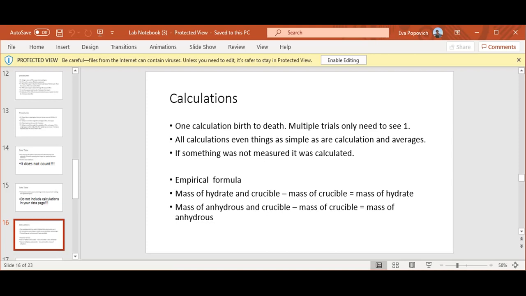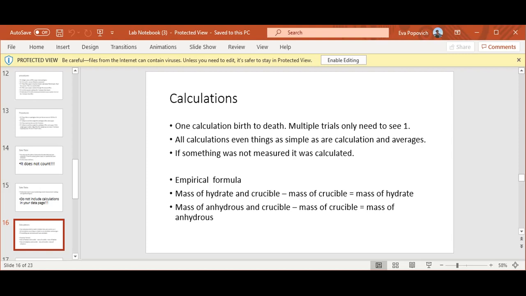I need to see every calculation. If you do multiple trials, and you will have experiments where you're doing the same experiment over and over because you want to get consistent results, I only need to see one. You can put all of the trial values in there, but I only need to see one.